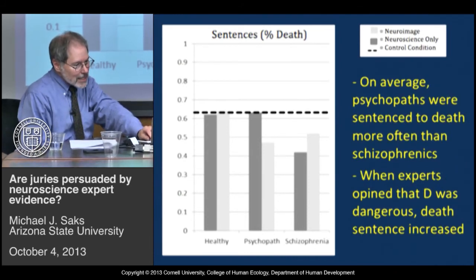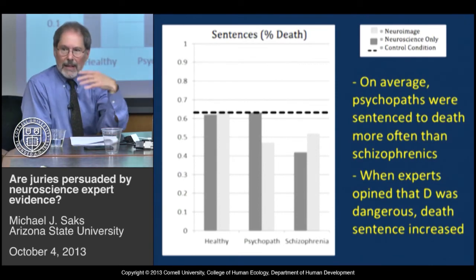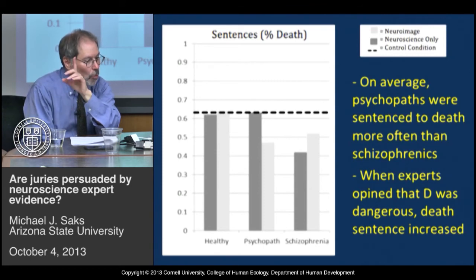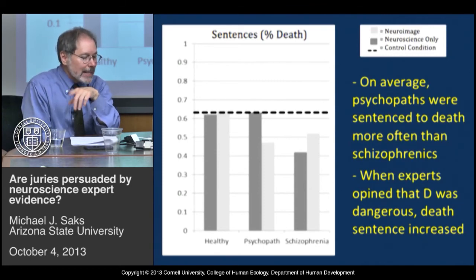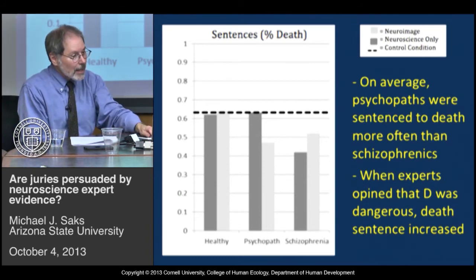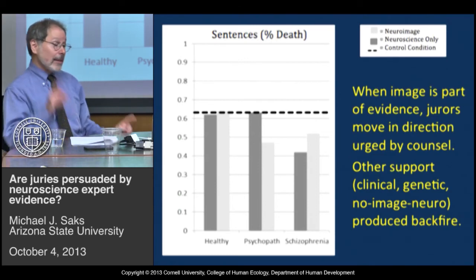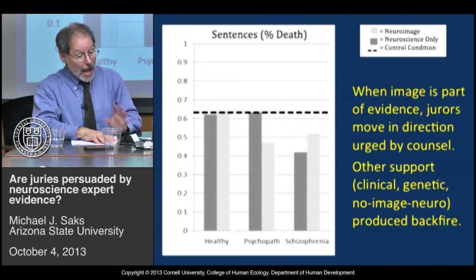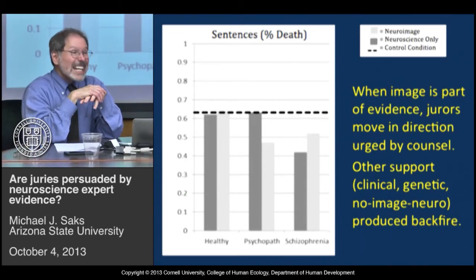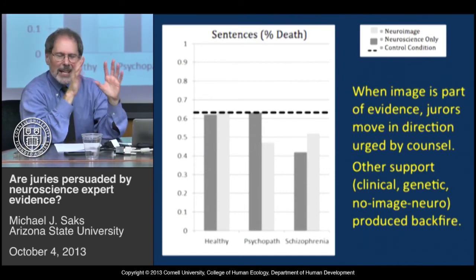So we just said this, and although it's not visible on this graph, this is sort of Valerie Hans's issue. When experts opined that the defendant was dangerous, more executions. Now, this is another, I thought, amazing finding. At least for the psychopaths. I'm not ready to stand behind any of the schizophrenic findings, they're too weird.